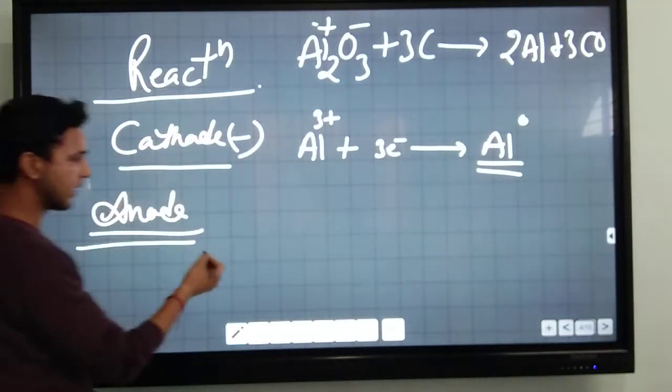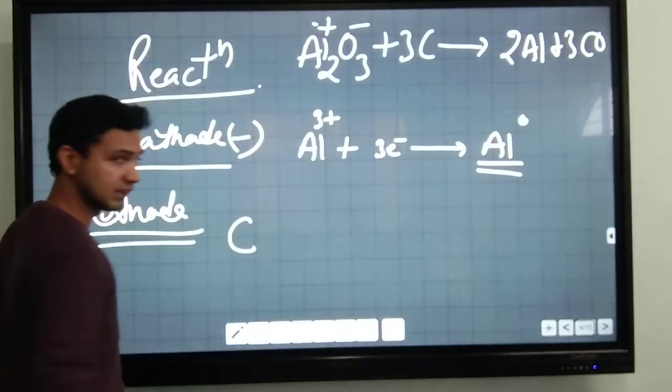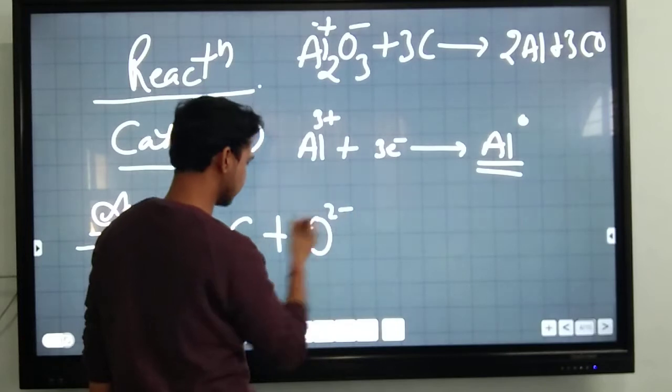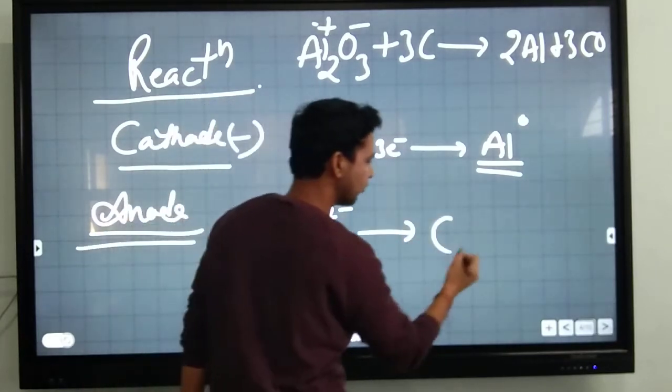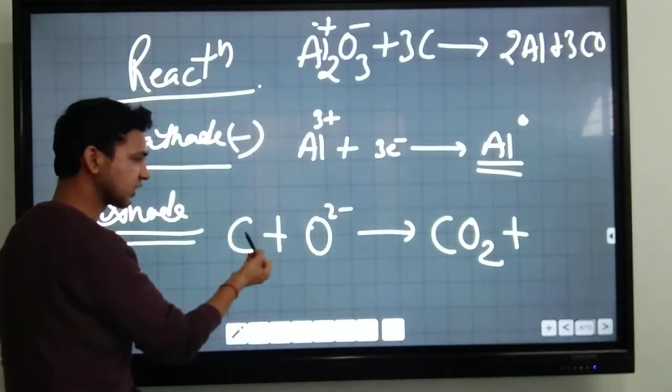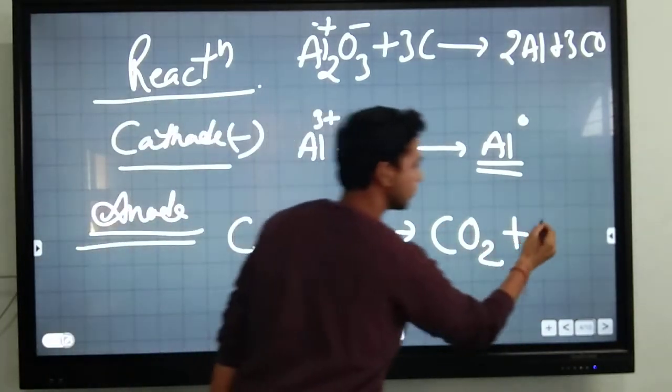The second reaction takes place at the anode. In the case of the anode, the carbon is available in its neutral phase. Here, one oxygen reacts with one carbon and is removed in the form of CO2. So one oxygen reacting with carbon donates 2 electrons.